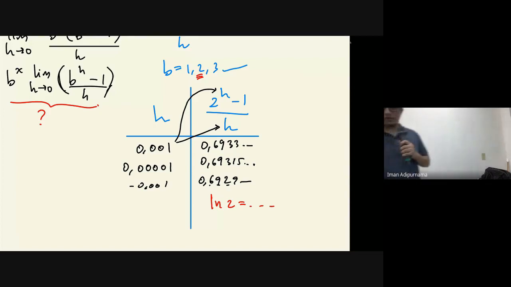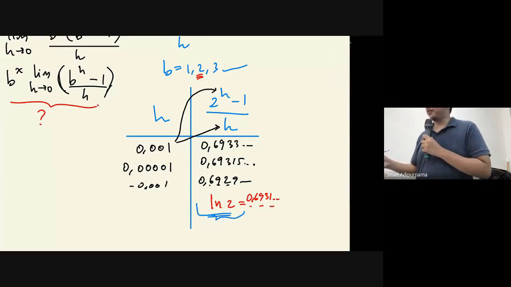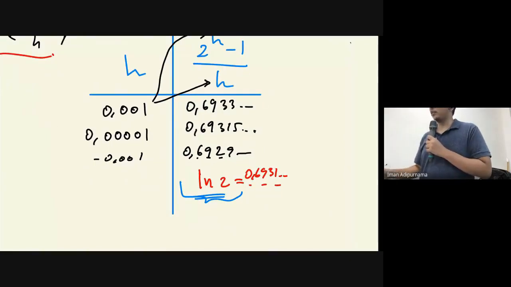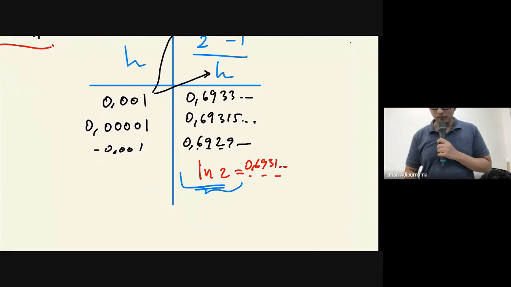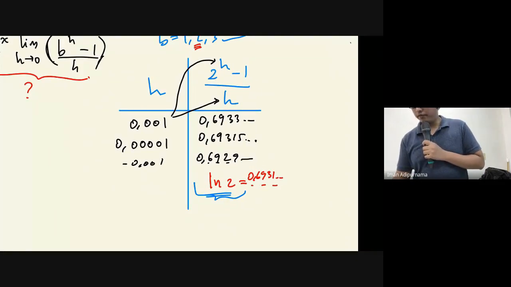It's similar to our number. And in fact, this is actually the log of natural base of 2, which is 0.6931. Okay. This is if your b is 2. Okay. So if b is 2.